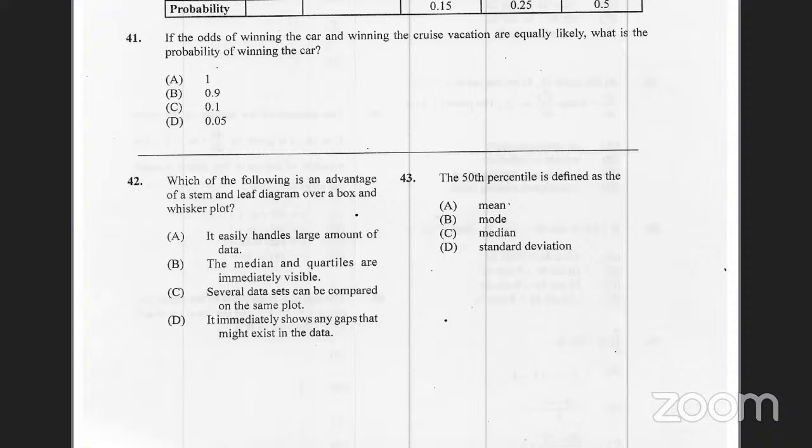Right, that's dog. Which of the following is an advantage of a stem and leaf over box and whisker? Most of the time, you can see all the data, right? Stem and leaf easily handles large amounts of data. The box and whisker could do that too. Means and quartiles are immediately visible, right? But that's an advantage of the box and whisker. Several data sets can be compared on the same plot.